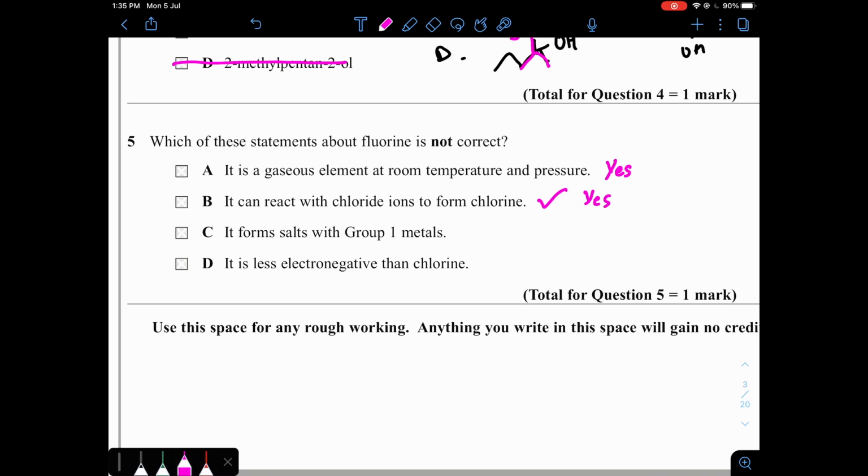Yes, it does, because it has an F minus charge and group 1 metals have an M plus charge, so they form the compounds MF, where M is a metal. It is less electronegative than chlorine. That is not true, because this is the most electronegative element in the periodic table. So we know that D is the answer.